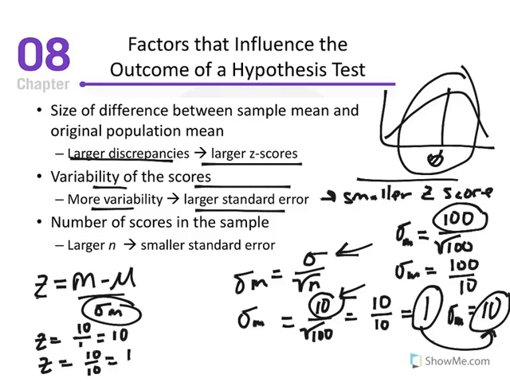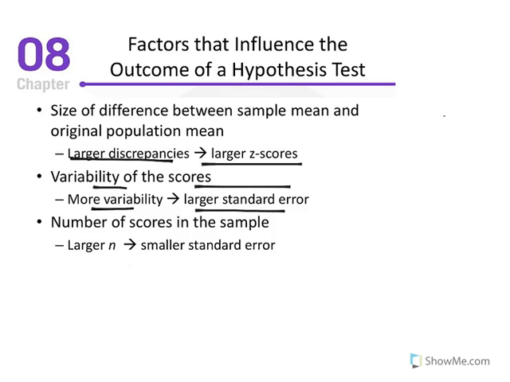So again, I'm going to erase all of this so that we can discuss the third point that relates to the sample size that we use. And finally, we'll look at the effects of different sample sizes. So number of scores in the sample, large N will yield a smaller standard error and produce a larger z-score.